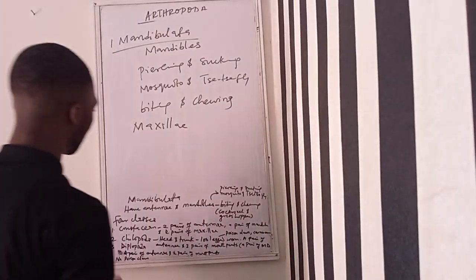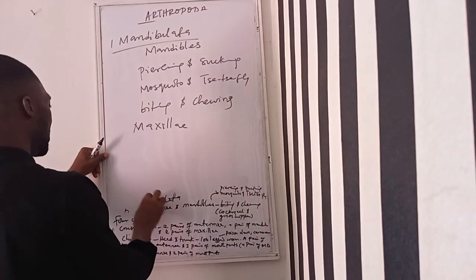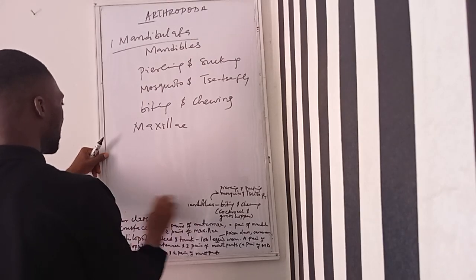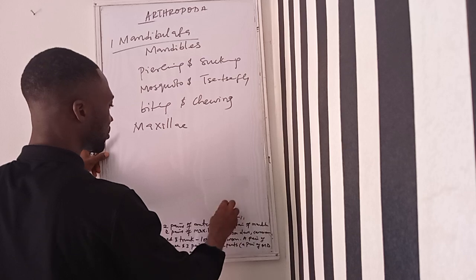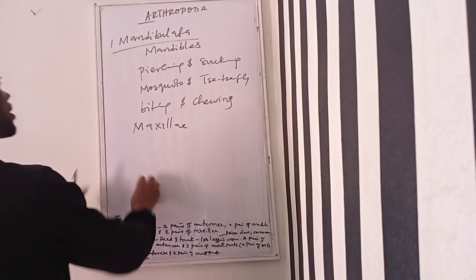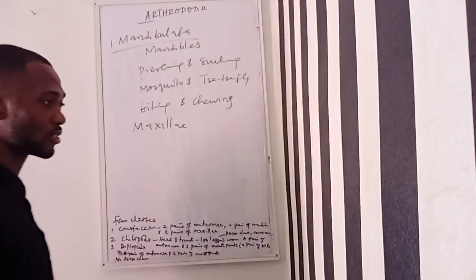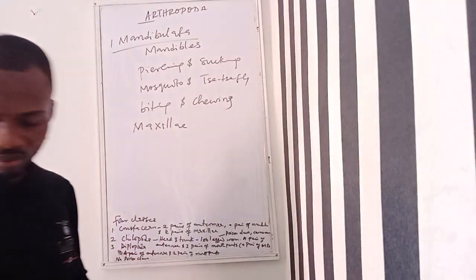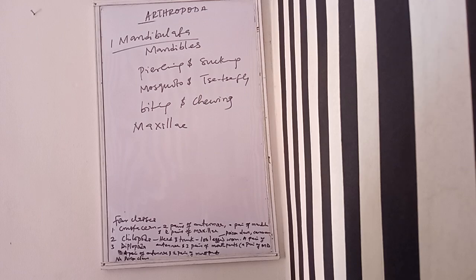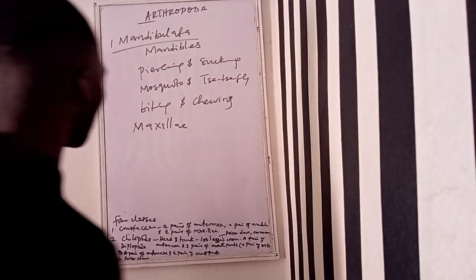And this will lead us to the four different classes. Remember, we mentioned four classes in the other group, Chelicerata. We're also going to mention four classes. Like I said, Arthropoda is so huge, and that is why I divided the video into two different parts. It's already 14 minutes, and I wouldn't want this to be too much.